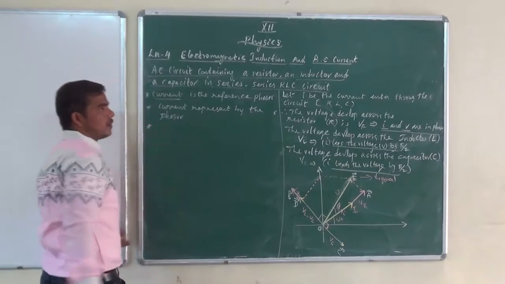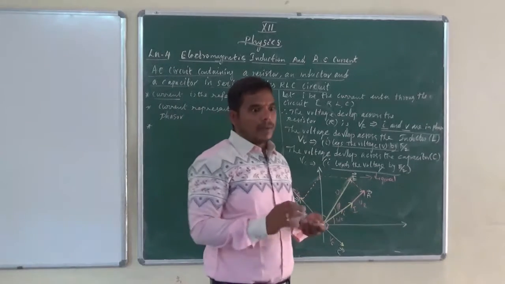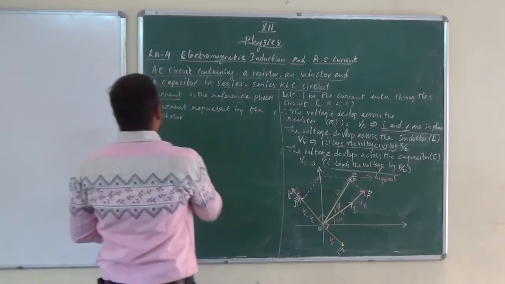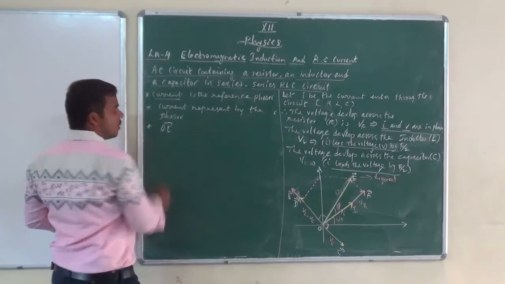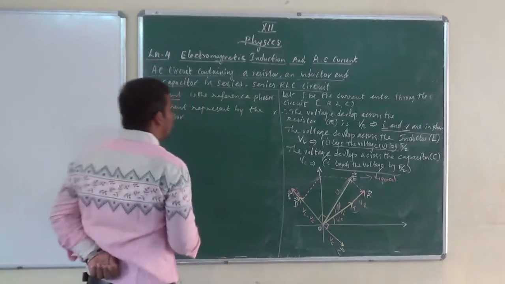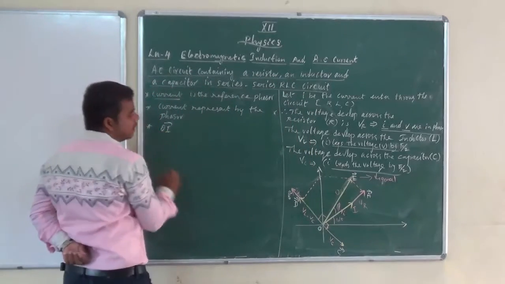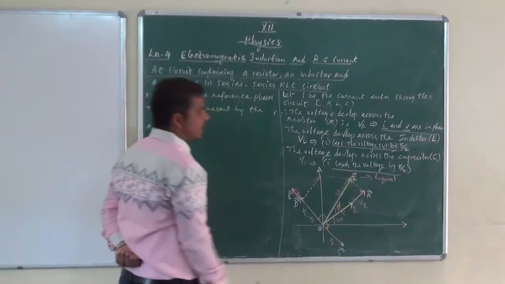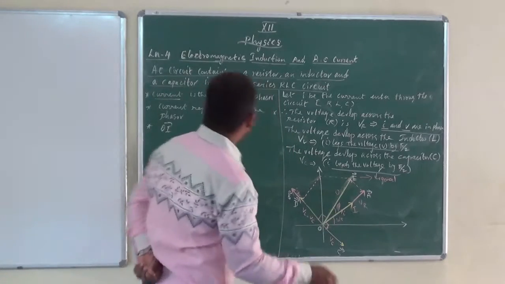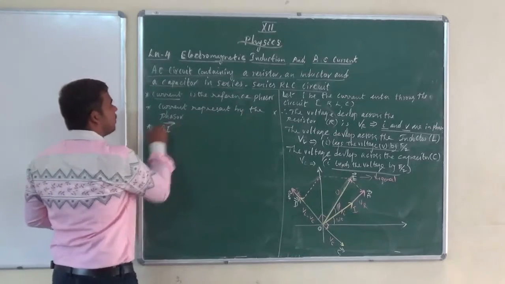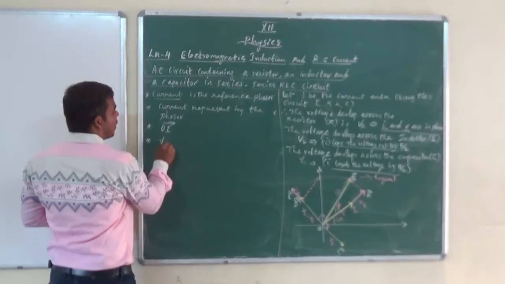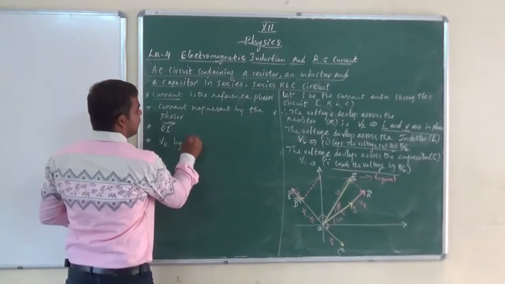How is the current represented in the phasor? We can say OI vector. See the diagram, OI is the current. VR is represented by the OA vector, isn't it?